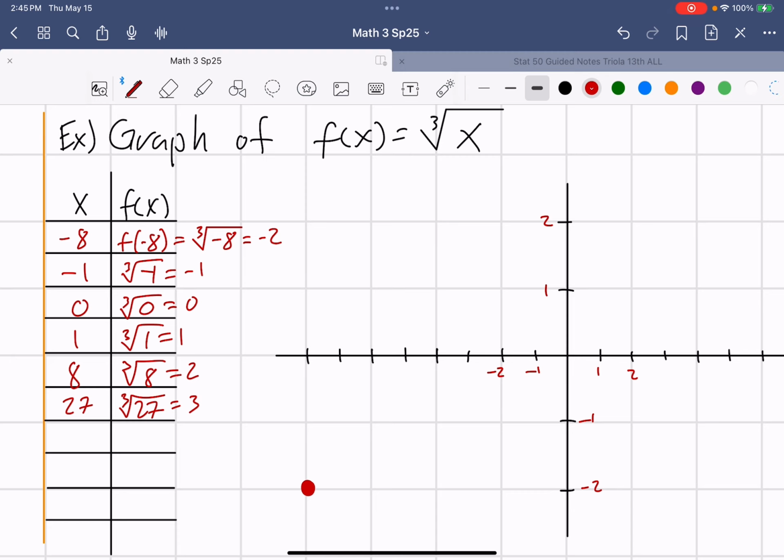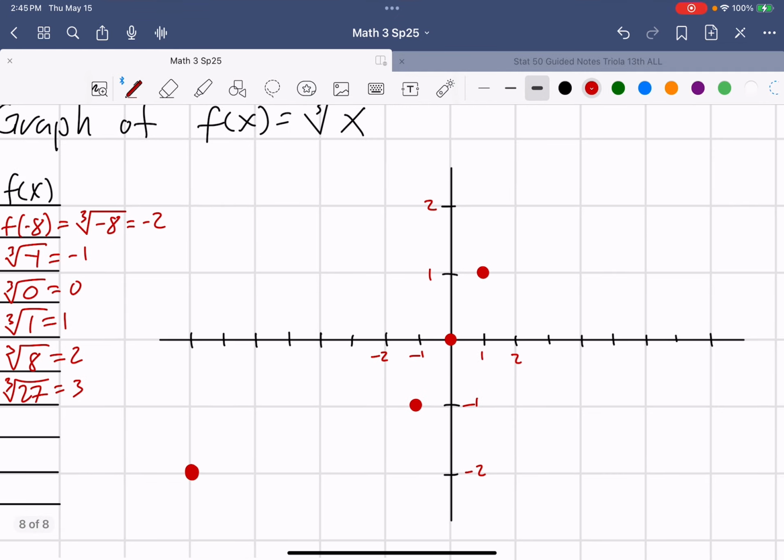Now, we have negative 1 and 1, which would be here. And then we have 0, 0, 1, 1. And then we have 8 and 2. So if you look here, the graph starts doing this. Just have to fix the shape a little bit.